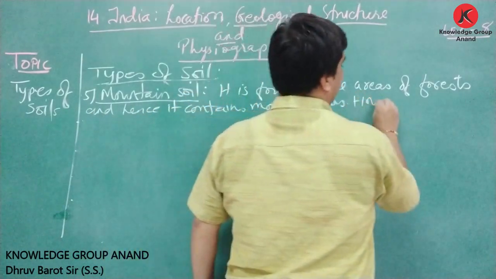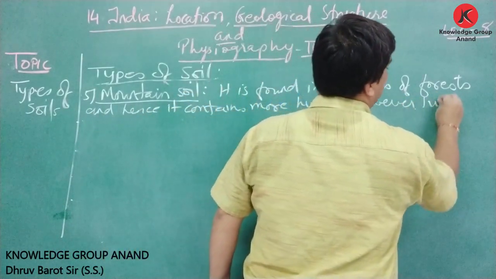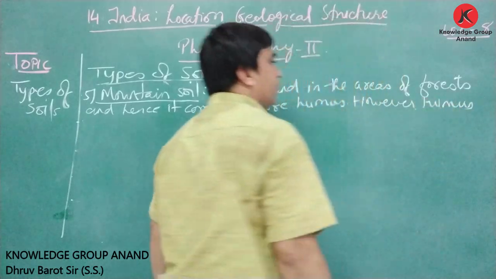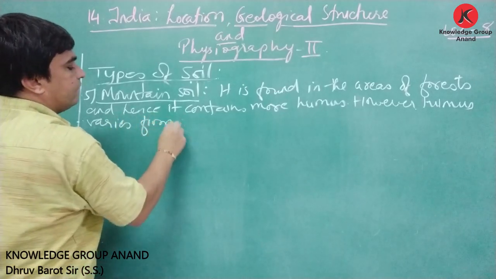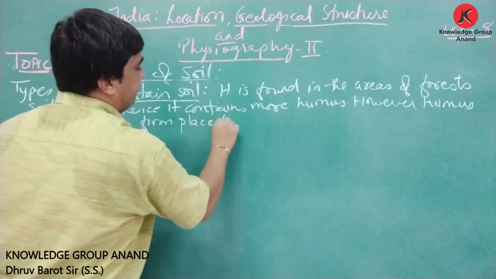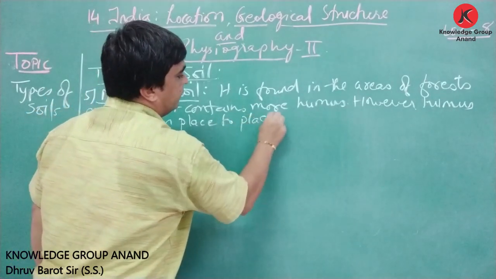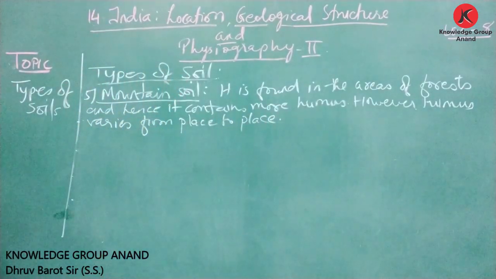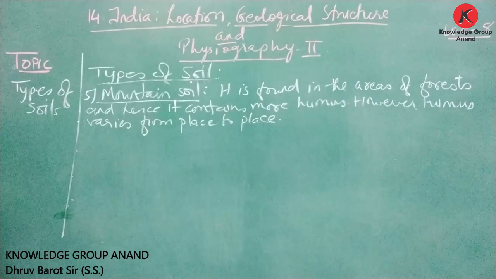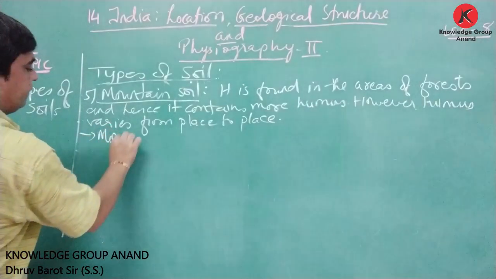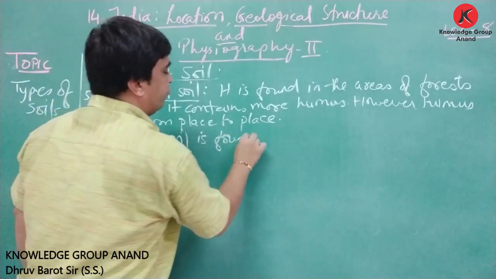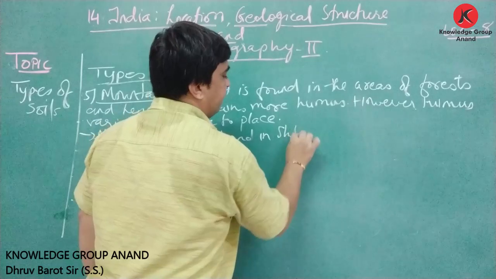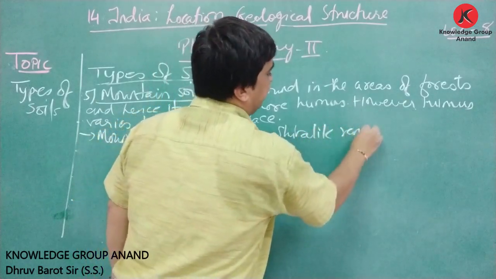However, humus varies from place to place. Mountain soil is found in Shivalik range.